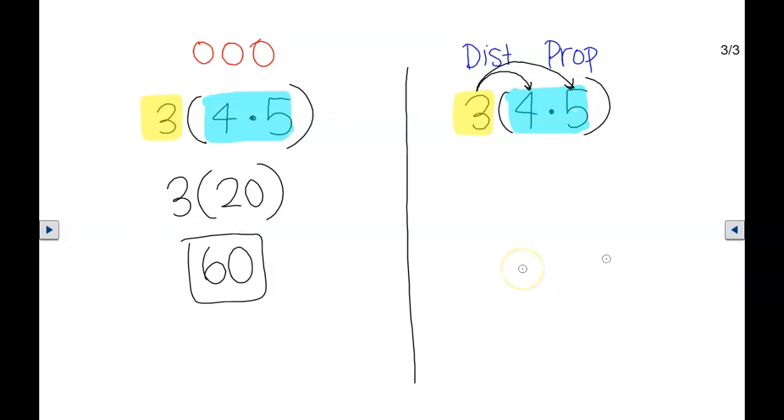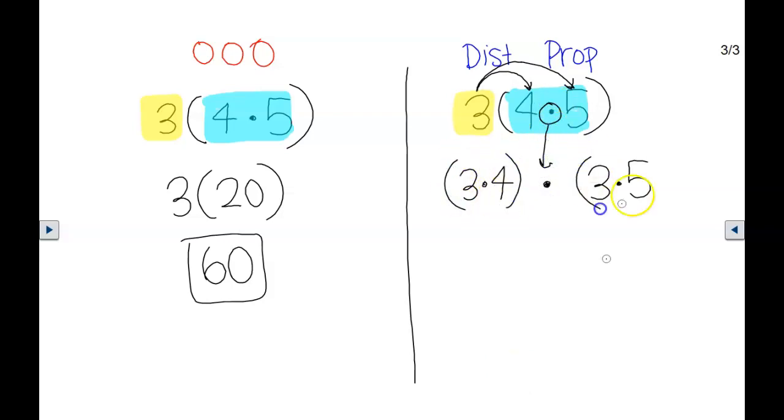So instead of multiplying the number 3 by the entire group, I can multiply 3 by each member of the group. So I would do 3 times 4, and I would do 3 times 5, and then I would multiply those answers together. And that multiplication symbol comes from right there. Now I'm going to go ahead and put these in parentheses just to kind of emphasize that we're going to multiply 3 by each member of the group first.